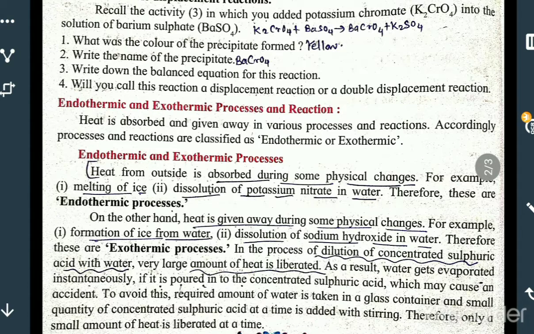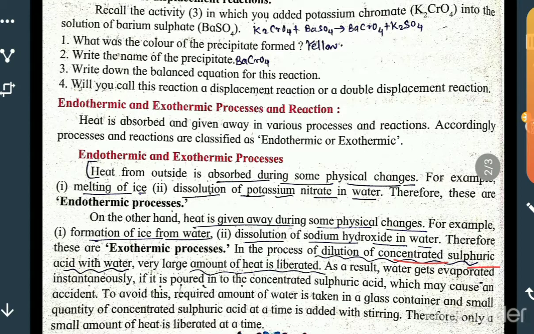One more example is the dilution of concentrated sulfuric acid with water, where a very large amount of heat is liberated. So what happens if we pour concentrated sulfuric acid into water?